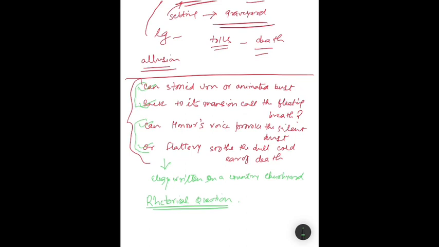The answer is no, it cannot. Neither the storied urn nor the animated bust can bring the dead person to life. Now both these interrogations have the answers in themselves. They affirm the human mutability.